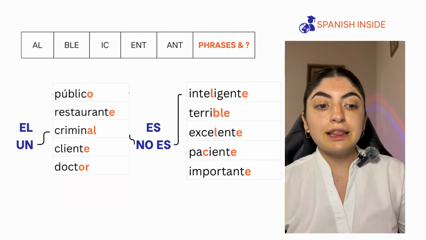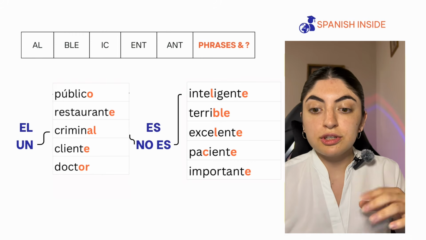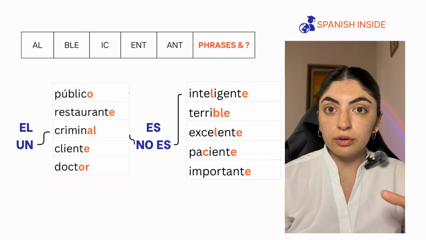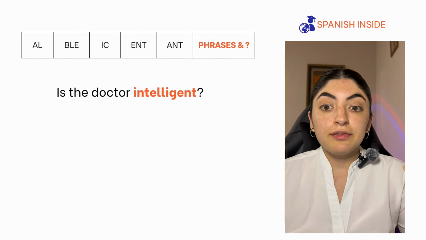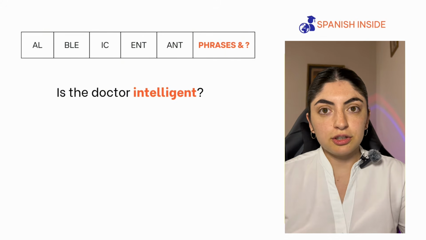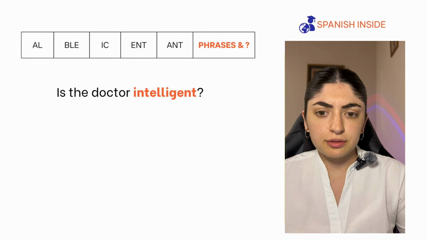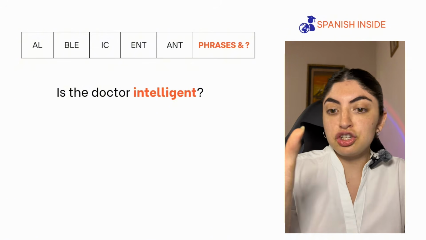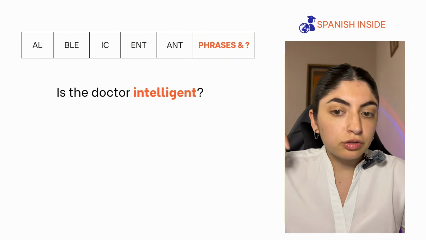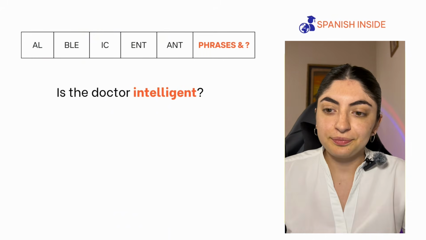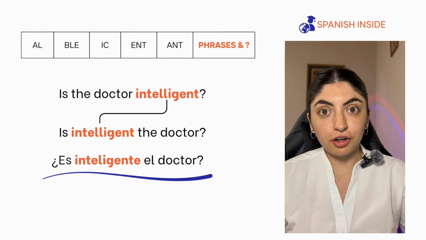Now, to turn these into questions, just change the word order like this. If I say, is the doctor intelligent? I take the adjective intelligent and I bring it right at the beginning, like this. Is intelligent the doctor?